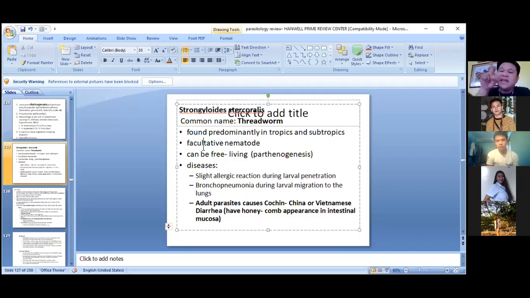Nangyayari ay pare-pareho na lang sila ng length. Nawawala na kasi yung villi natin. So, imbes na kapag mag-drawing ka ay parang brush border na magkakaiba yung length niya, ito magkapareho na sila ng length. Naintindihan? So, tinawag siyang honeycomb appearance of the intestinal mucosa.